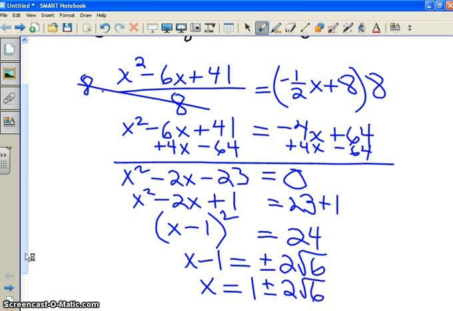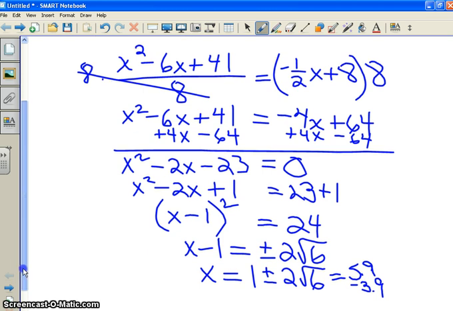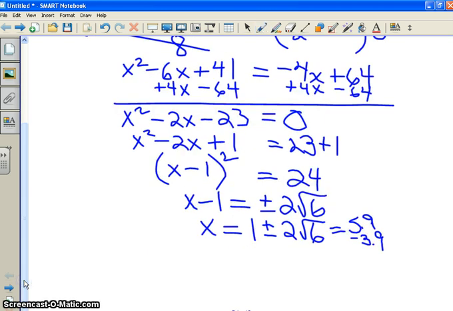And if you plug the 1 plus 2 radical 6 into your calculator, and 1 minus 2 radical 6 into your calculator, you get these two values, 5.9 and negative 3.9, which were the two x values of our intersection points. And then to find the y values, we'll plug this 1 plus or minus 2 radical 6 into one of our original equations.